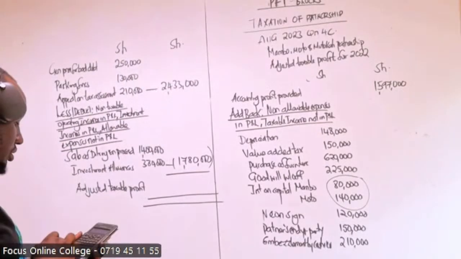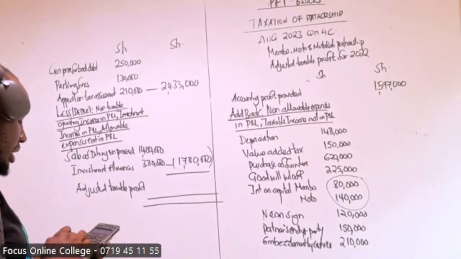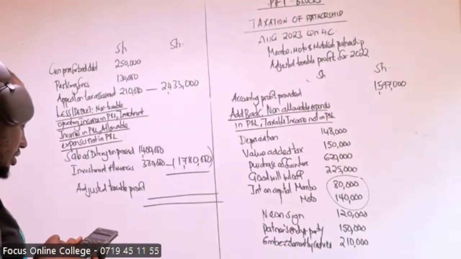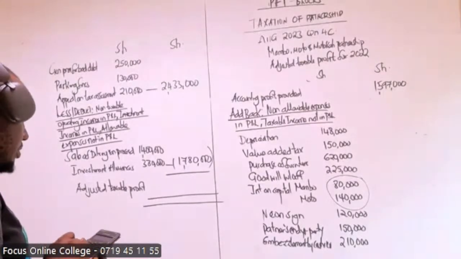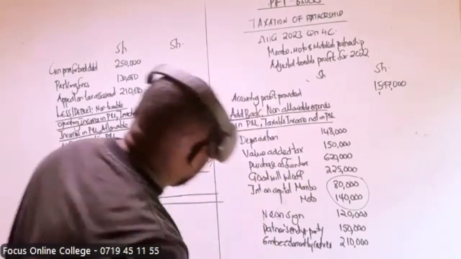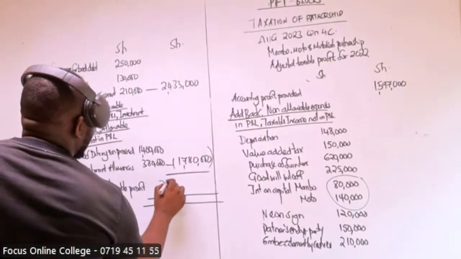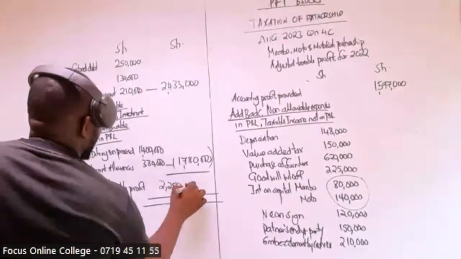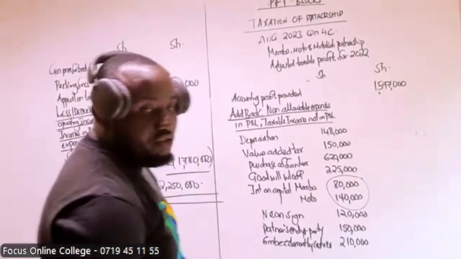Seven plus 2,433 and minus 1,780. That is 2,250,000.